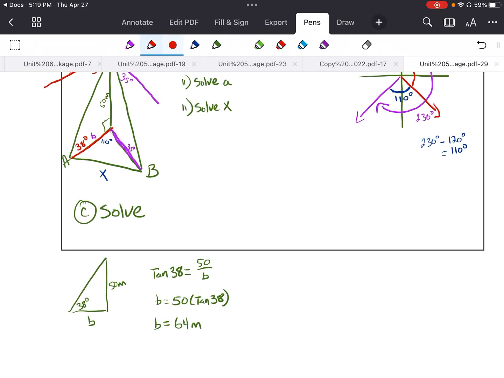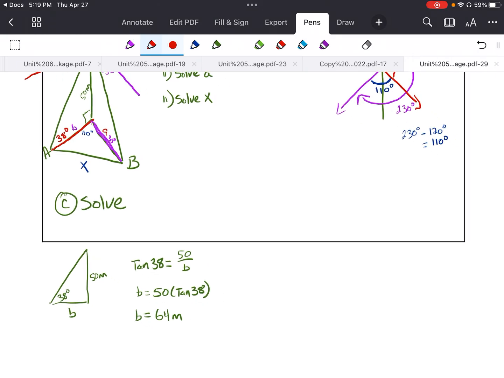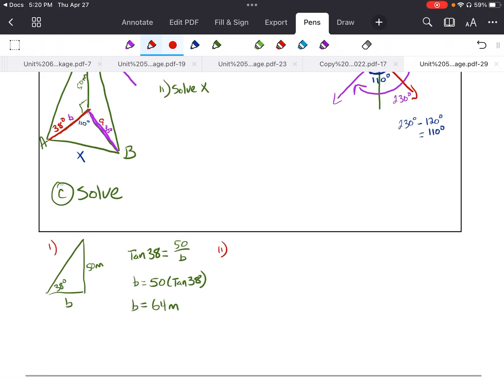Okay, then we want to solve for a, another 90-degree triangle, this time on the other side. So now it's facing this way. We have 50 meters tall, an angle of 35 degrees, and we want to solve for a.